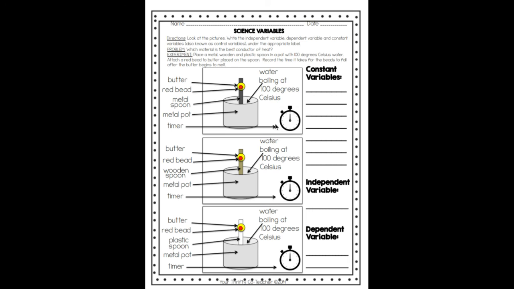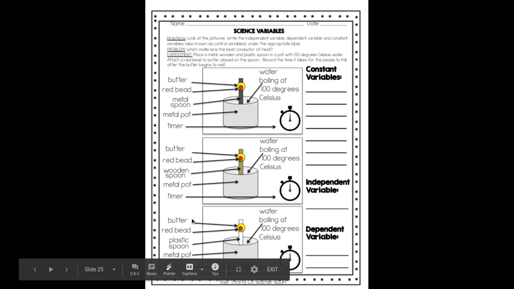All 3 of them are being boiled at 100 degrees Celsius. Okay, so there, I just gave you a hint. What are you changing? If you look at the picture and read the description, you have metal spoon, wooden spoon, plastic spoon. So you would be changing the type of.